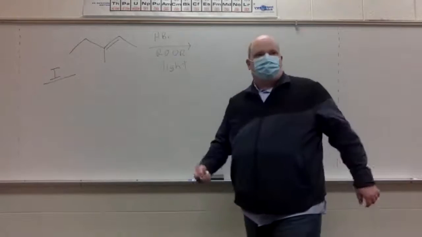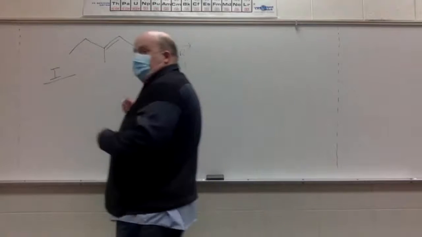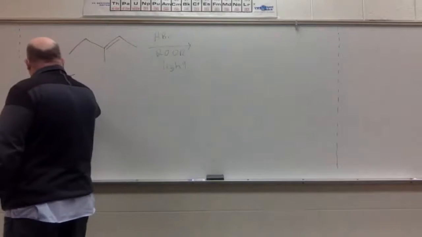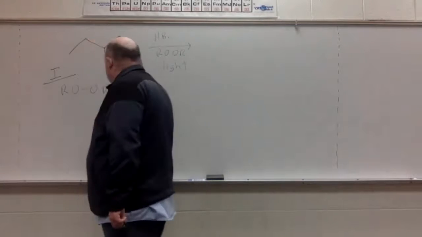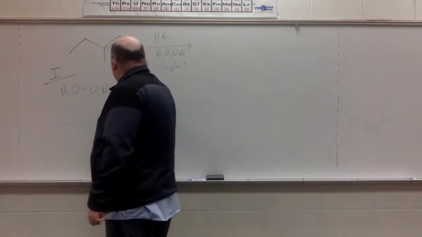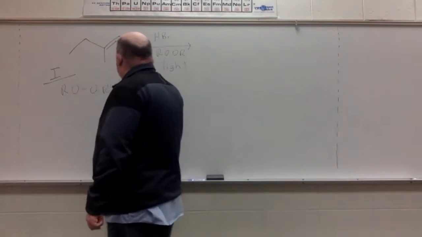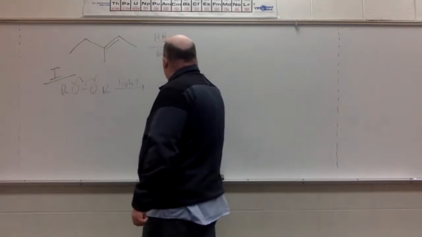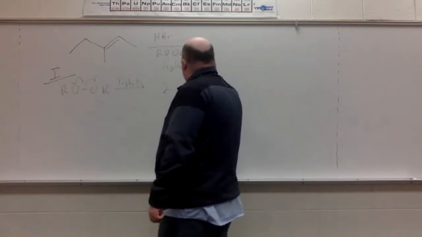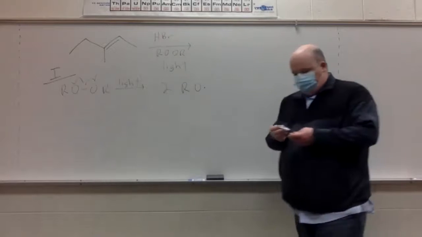Initiation is always where you make radicals, right? And you notice that we have a peroxide here. Peroxides are especially unstable. And so, whenever you add your energy source, it's really easy for them to split up into radicals. So you get two of them.